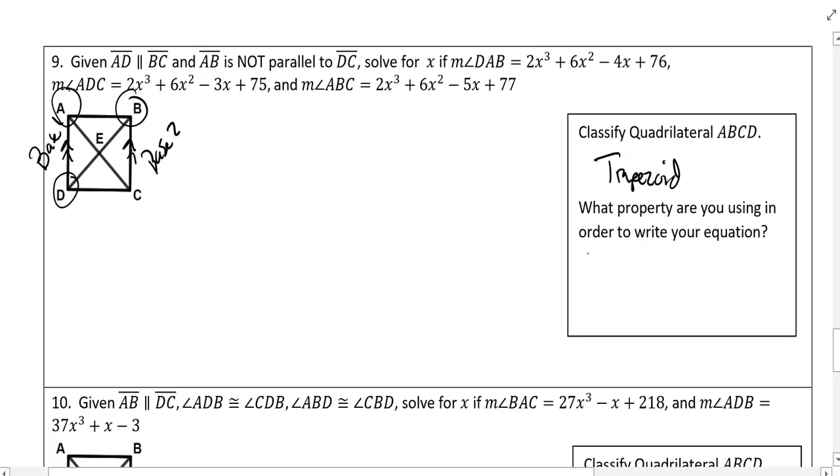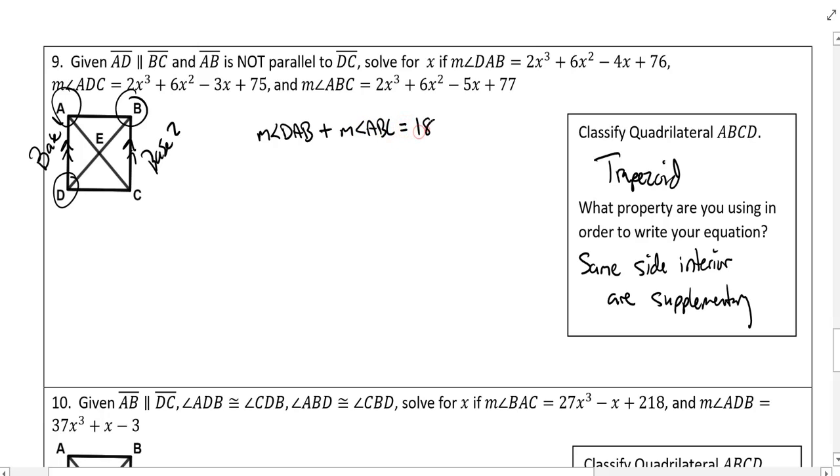And so same side interior angles are always supplementary. So I can take those two angles, DAB plus the measure of the other one, which would be ABC, and I get 180 degrees when I add them together.